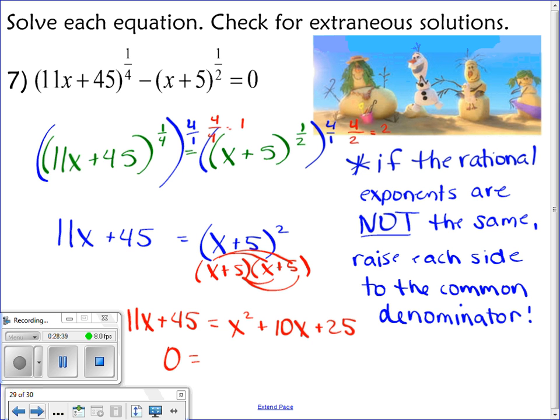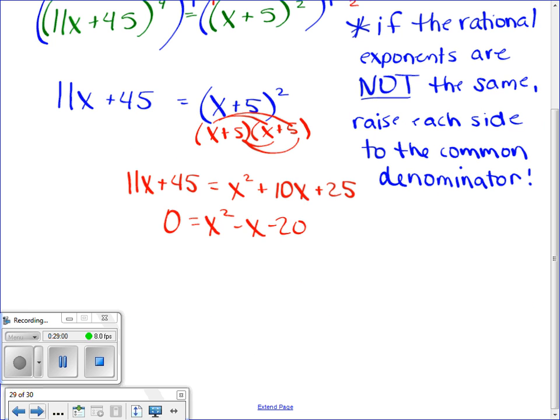All right. Anyway, we have an x squared, so we need to set it equal to 0. So x squared, subtract 11x, gives me negative 1x. Subtract 45, negative 20. And then we have to factor that.